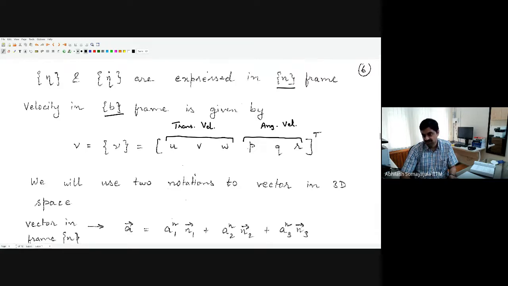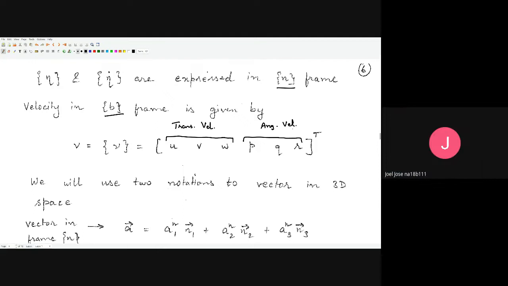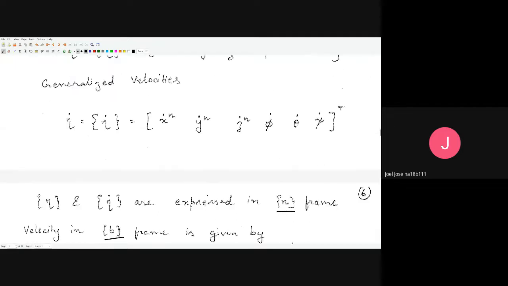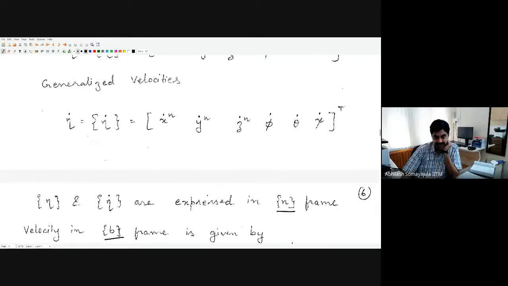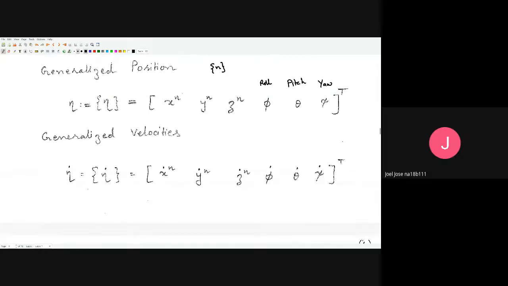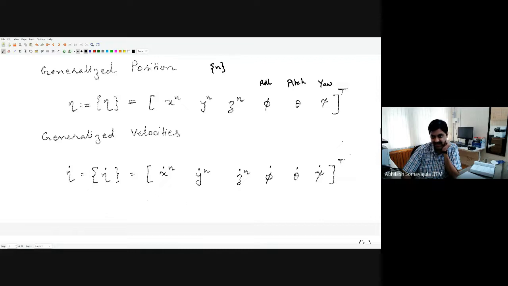The rotational velocities p, q, and r represent the roll, pitch, and yaw angular velocities. Can you show again the terms in the eta dot vector? Eta dot is whatever is there in eta, we just take a derivative of it.